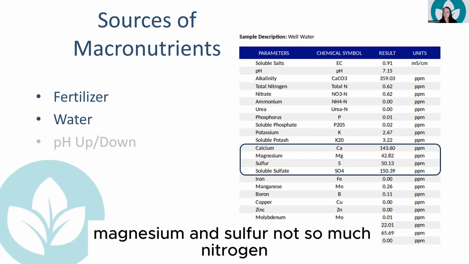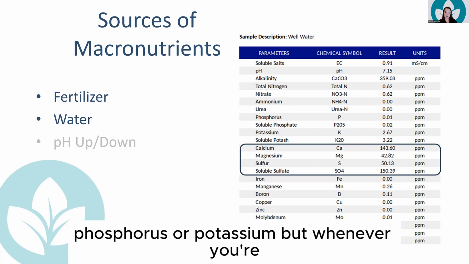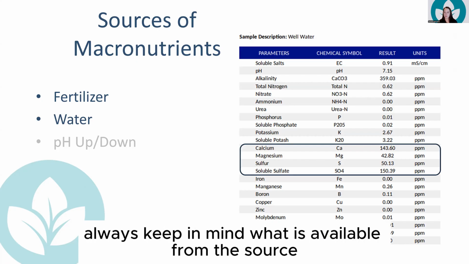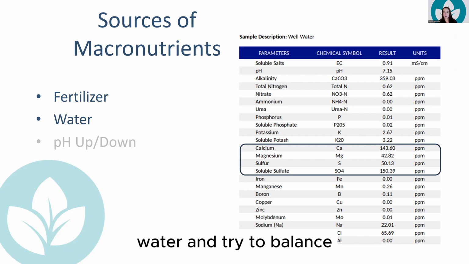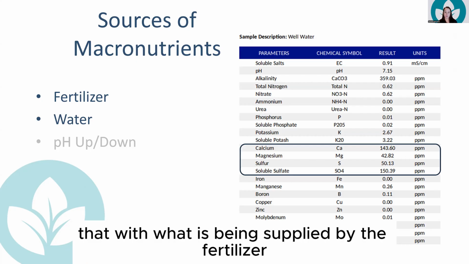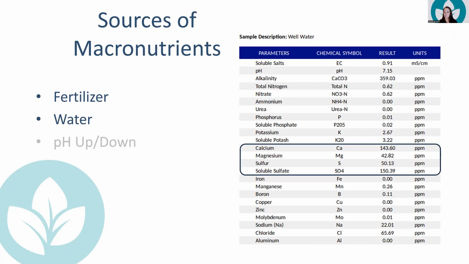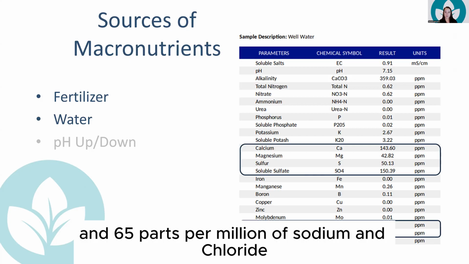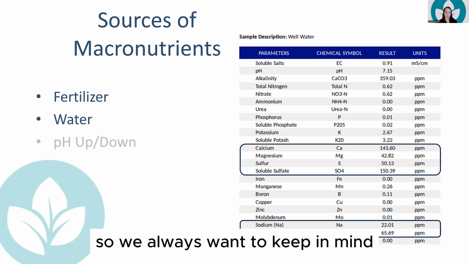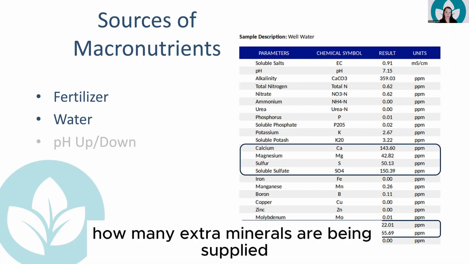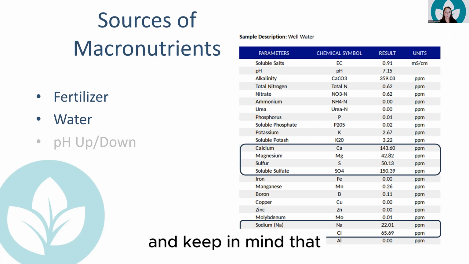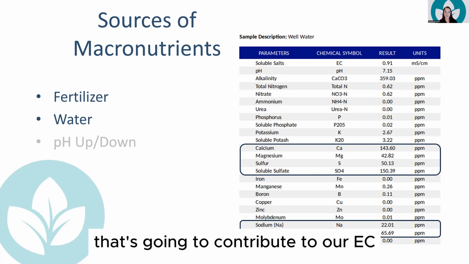Not so much nitrogen, phosphorus, or potassium, but whenever you're deciding which fertilizers you need to use, always keep in mind what is available from the source water and try to balance that with what is being supplied by the fertilizer. And I did also want to point out that there is 22 parts per million and 65 parts per million of sodium and chloride. So we always want to keep in mind how many extra minerals are being supplied as well, especially from the source water. And keep in mind that that's going to contribute to our EC as well.